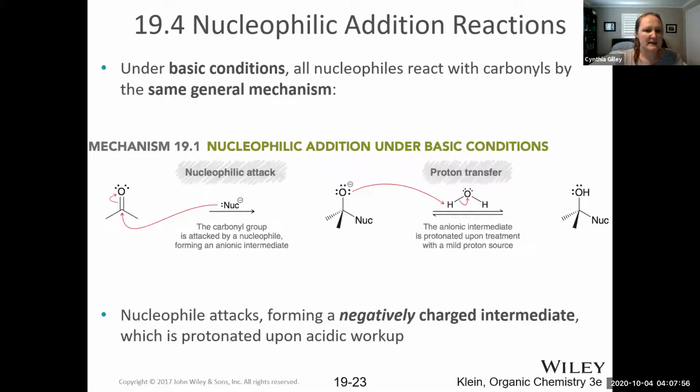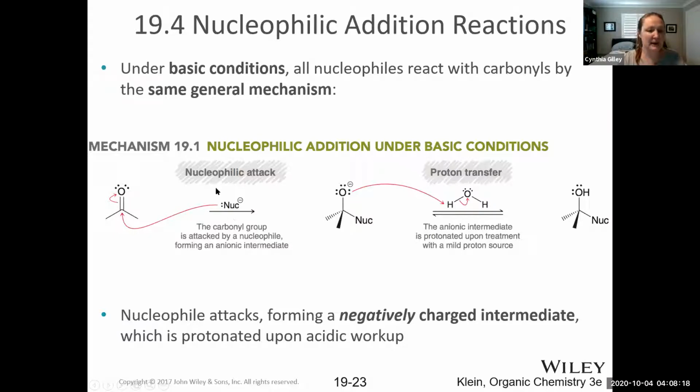Under basic conditions, nucleophiles are strong, right? Generally base strength and nucleophile strength are correlated. So typically we're dealing with a strong nucleophile, and the strong nucleophile will likely have a full negative charge or a very significant negative charge.